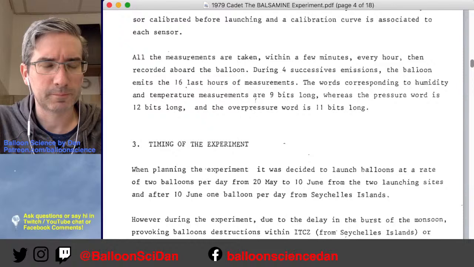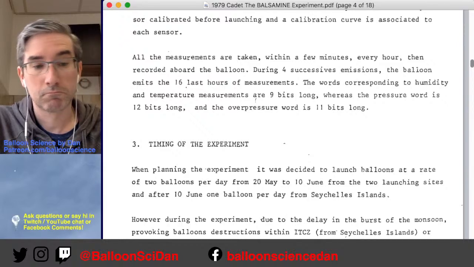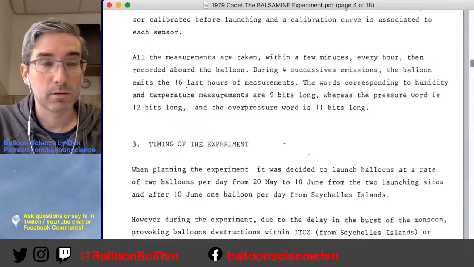Is that right? What is 8 to the 4th power? 8 raised to the 4th power is 4,096. That's, yeah, okay, that's a lot of numbers.